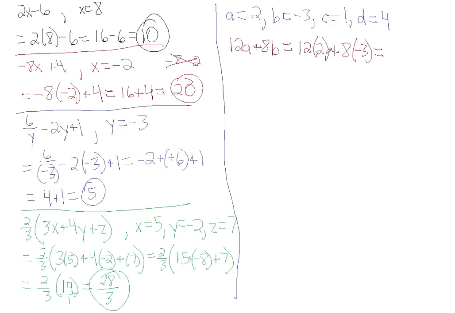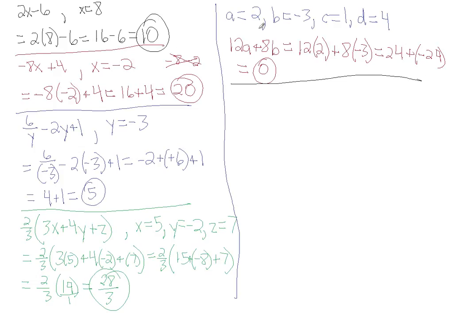Multiplication comes before addition, so we're going to find out these two products first. 12 times 2 is 24, plus a positive and a negative gives us a negative. 8 times 3 is 24. Okay, 24 plus a negative 24 is 0. So this expression is 0 when the value of a is 2 and the value of b is negative 3.